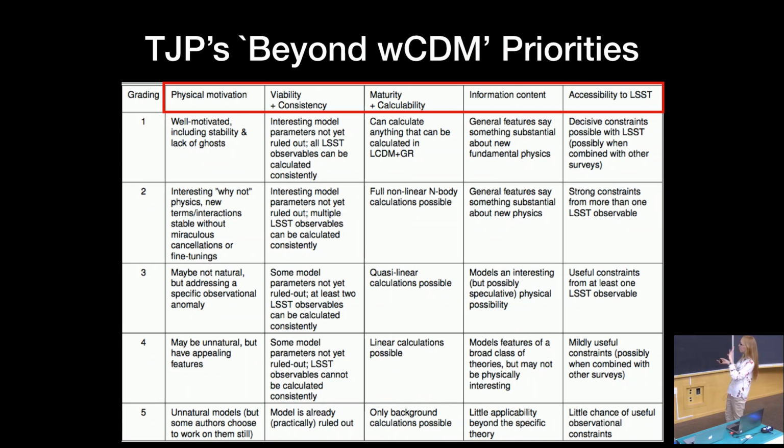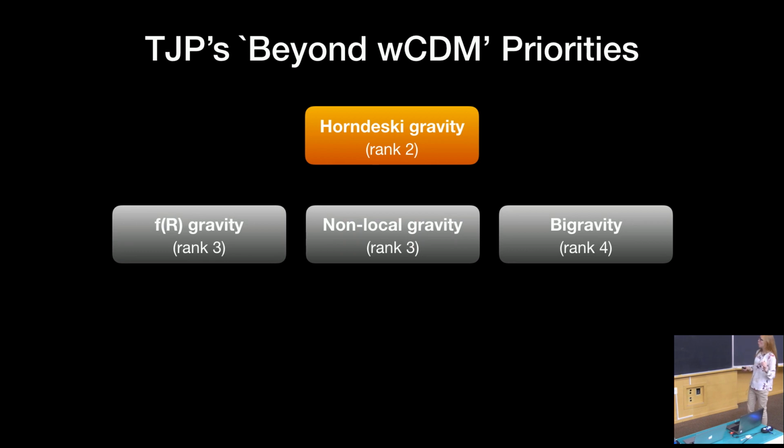Okay. Right, so as I was saying, we came up with 2 tiers of recommendations. Our top tier only achieved rank 2; we couldn't find something that we really thought was a rank 1 prime candidate. But our top recommendation is something called Horndeski gravity, and I will spend a fair bit of time today telling you what Horndeski is and why it made it to the top.